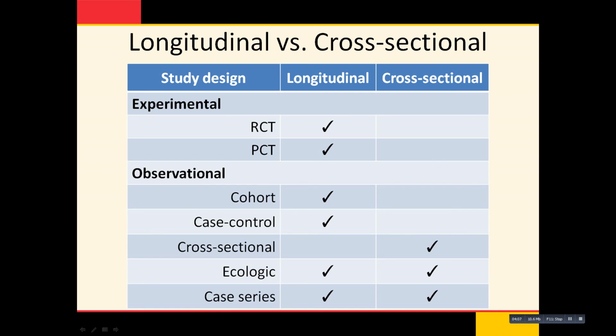Ecologic and case series may be longitudinal or cross-sectional depending on how they're designed. They have the option for both. So those two may have either longitudinal or cross-sectional abilities, but this helps differentiate between exposure preceding outcome and the amount of time that we're following patients.